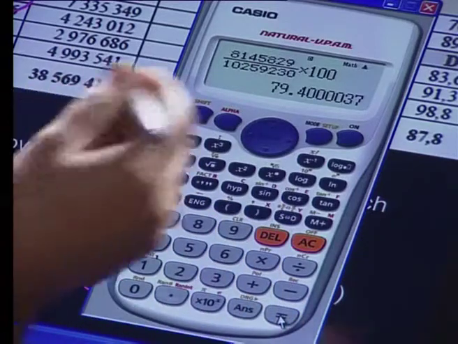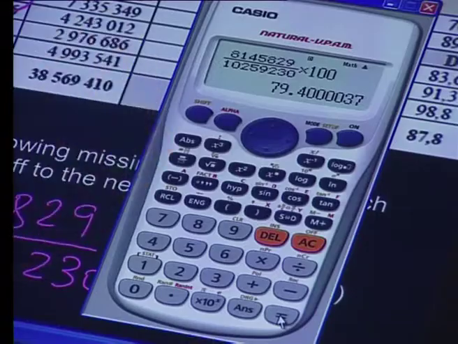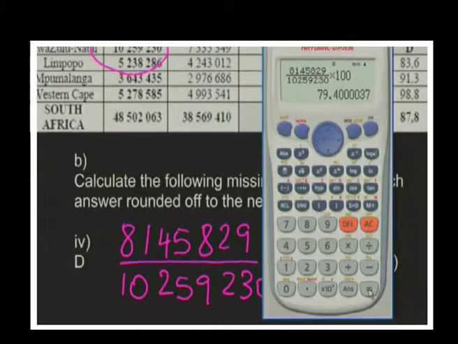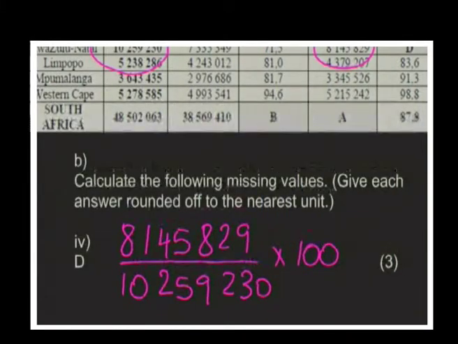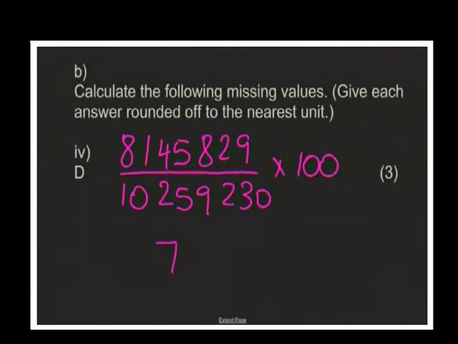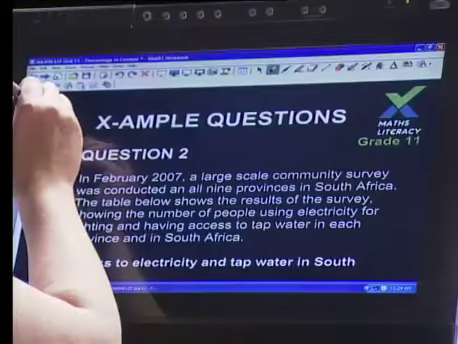The same concept, 79.4%. Let's write that into the calculation. We need a little bit more space. So it's 79.4%. And remember it said the nearest unit, so that becomes 79%. Right, let's move on.